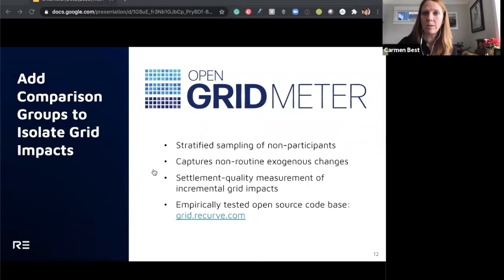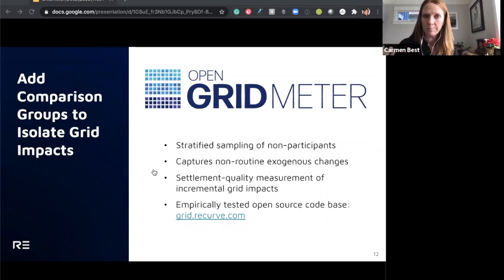And that's really what the GRIDmeter is intended to do. By adding in this dimension of the comparison groups, you now have a means to decipher the impact that is seen at the meter from the site level analysis and put it in relation to the trends for the whole of the grid.